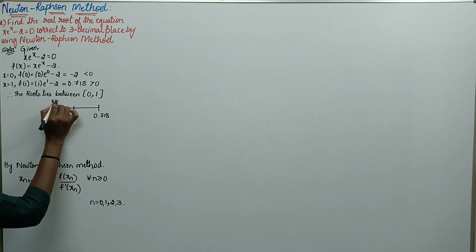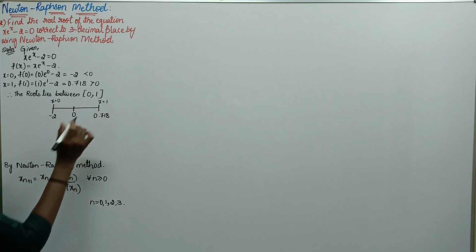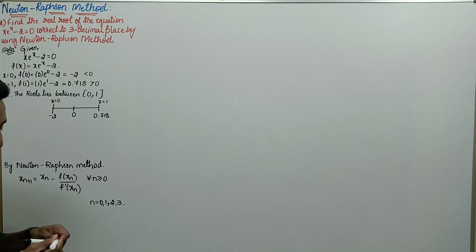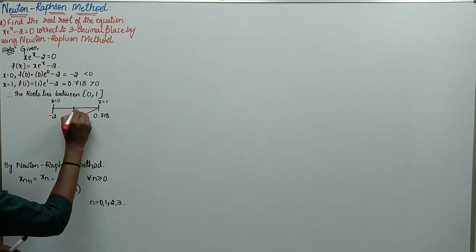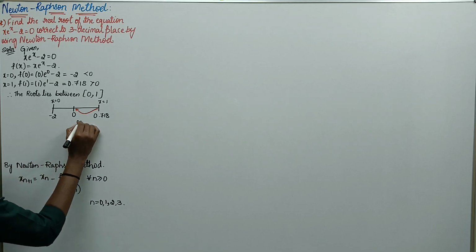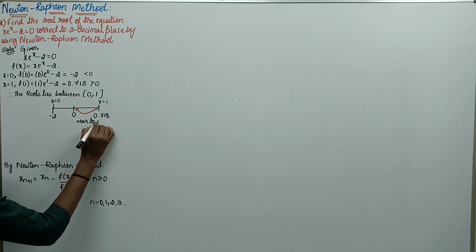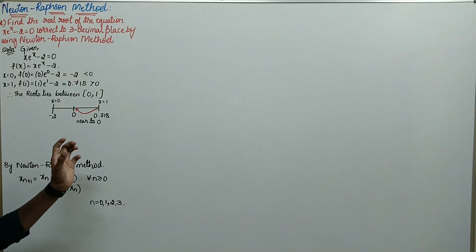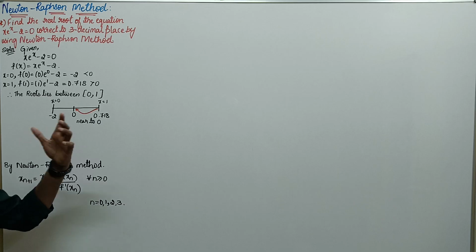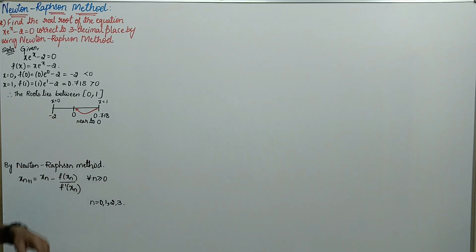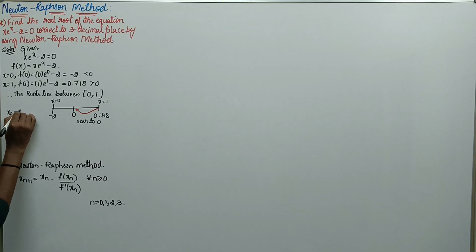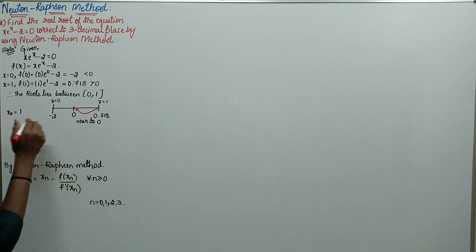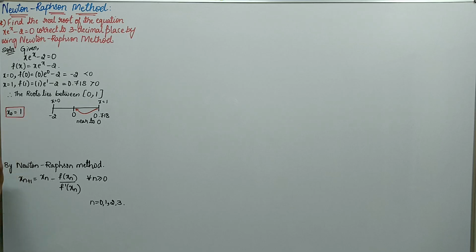This is for x equal to 0 and this is for x equal to 1. For what value of x are we getting the solution near to 0? Which is x equal to 1, because 0 minus 2 is a little bit far when compared to 0.718, which is nearest to 0. So we consider x naught equal to 1, which is nearest to 0. This will be our x naught.